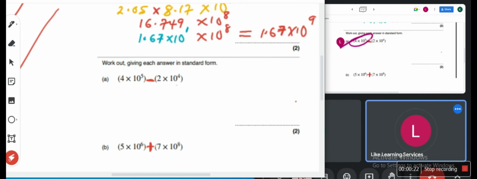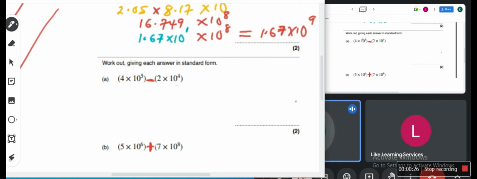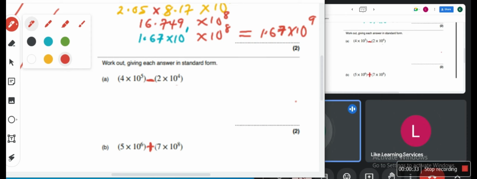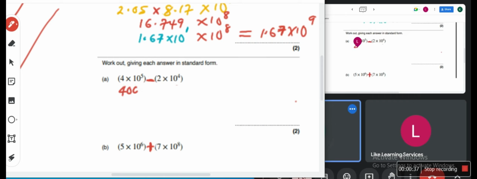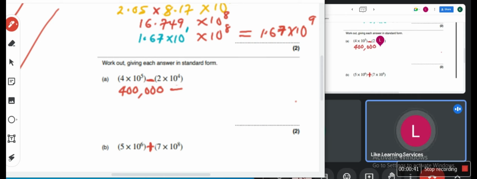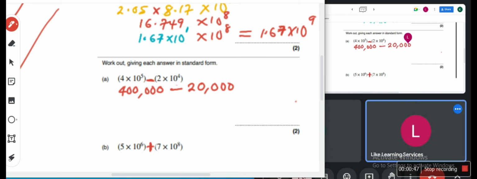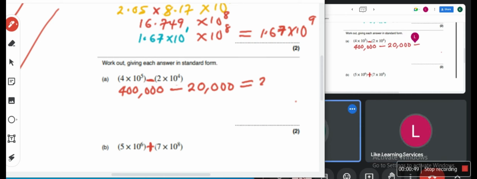What is this first one in bracket in actual numbers? 400,000. The other one in actual numbers is 20,000. And when you subtract, you're going to have 380,000.